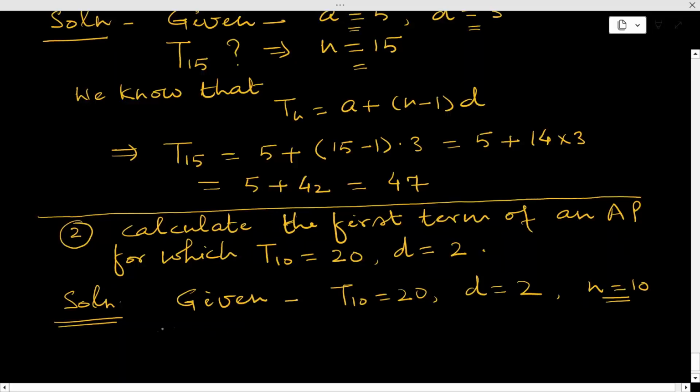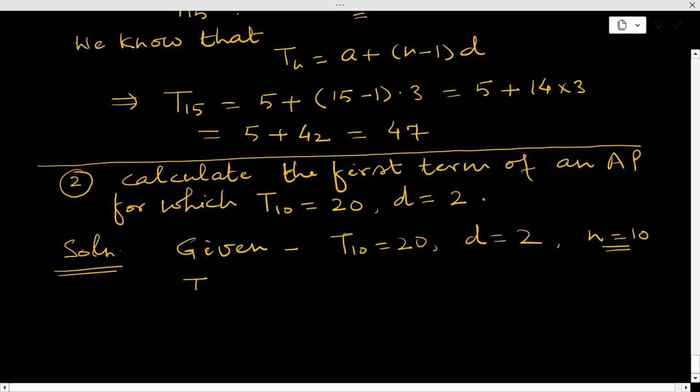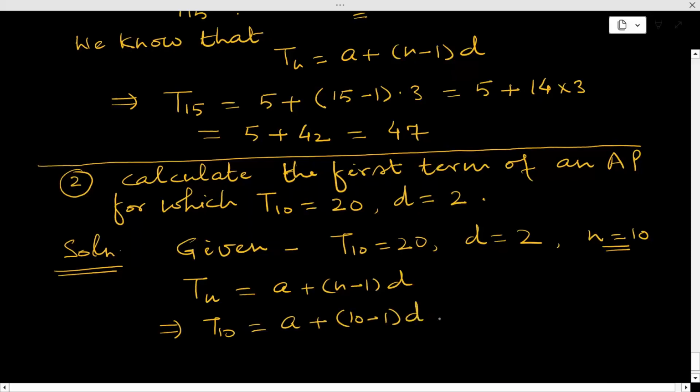So using the formula of the general term again, Tn is equal to a plus (n minus 1) into d, this implies T10 is equal to a plus (10 minus 1) into d. So this is a plus 9 times d.